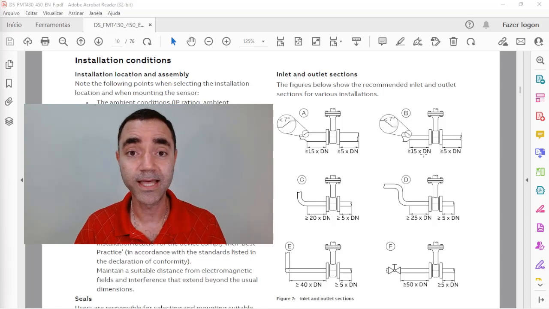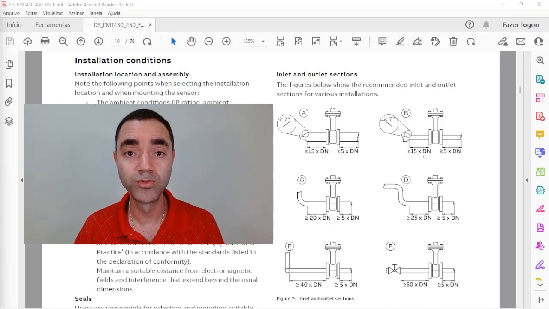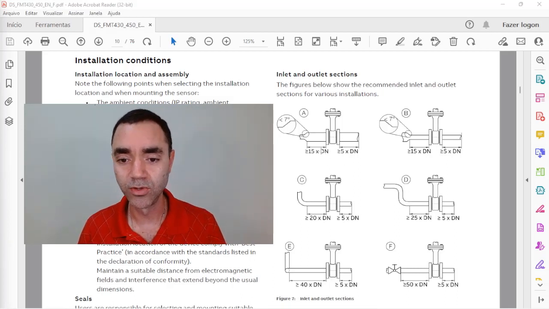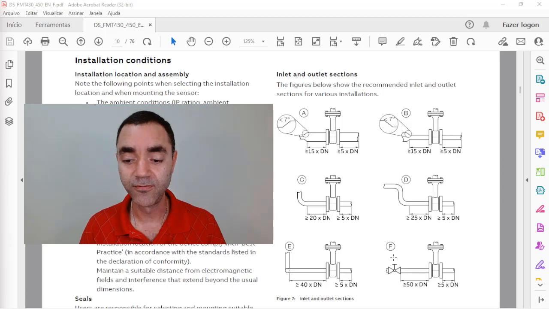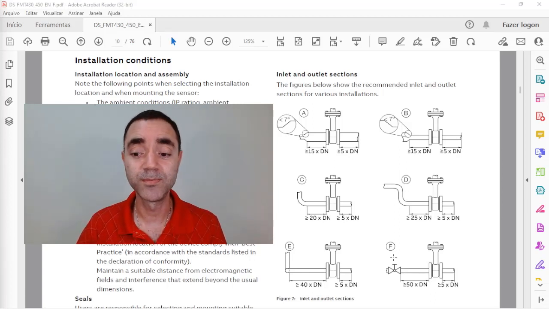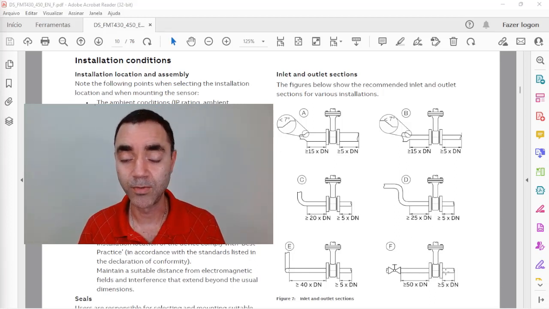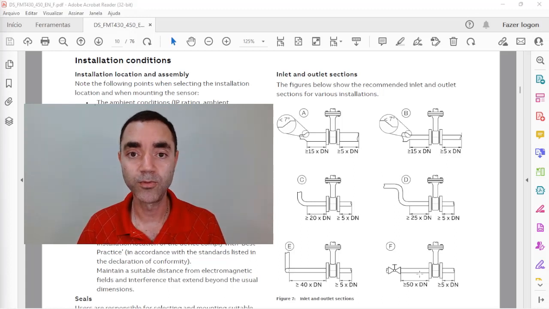Of course, at the preliminary stage, you will add the information for the worst case. So you can see here from all arrangements, the worst case is 50 nominal diameters upstream of the thermal mass flow meter, and I will add that to my pipe instrumentation diagram.